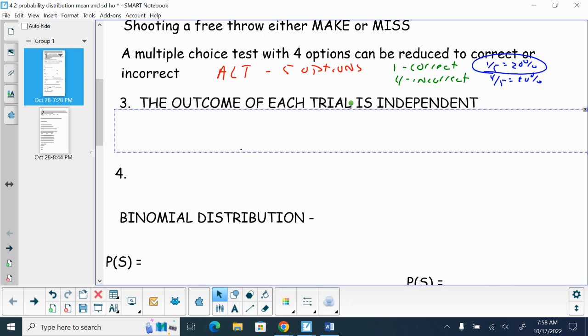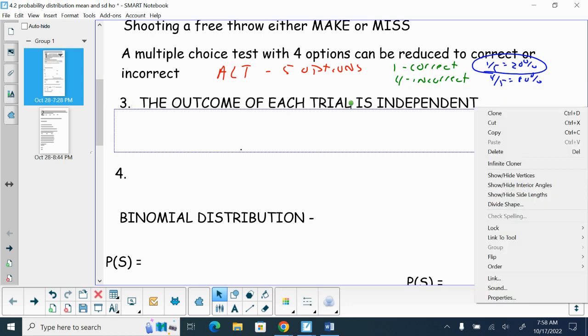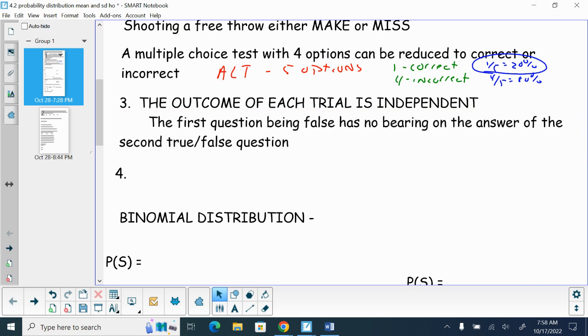Third condition. The outcome of each trial is independent. The first question being false has no bearing on the answer of the second one being true or false.